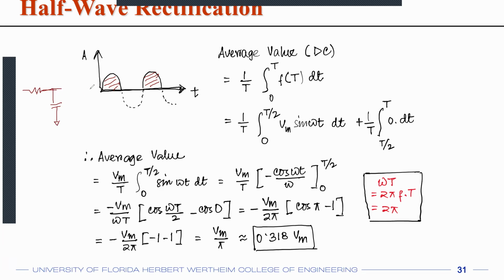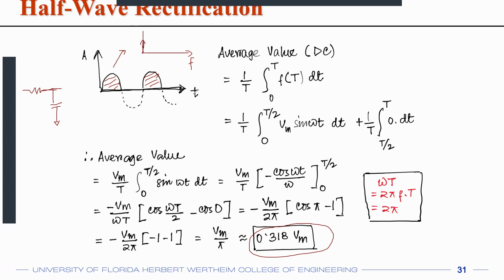If you have a low-pass filter, then there is an AC component for this half sine wave rectified signal, and there are DC components. You already found out the value of the DC component is 0.318 times Vm. If you take an FFT, or let's say a Laplace transform, and represent this signal with frequency on the x-axis and frequency domain amplitude on the y-axis, you'll see at zero frequency there would be a component.